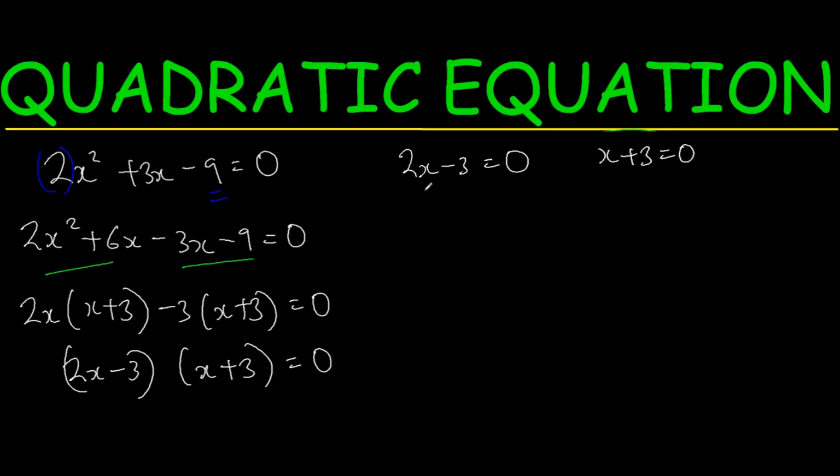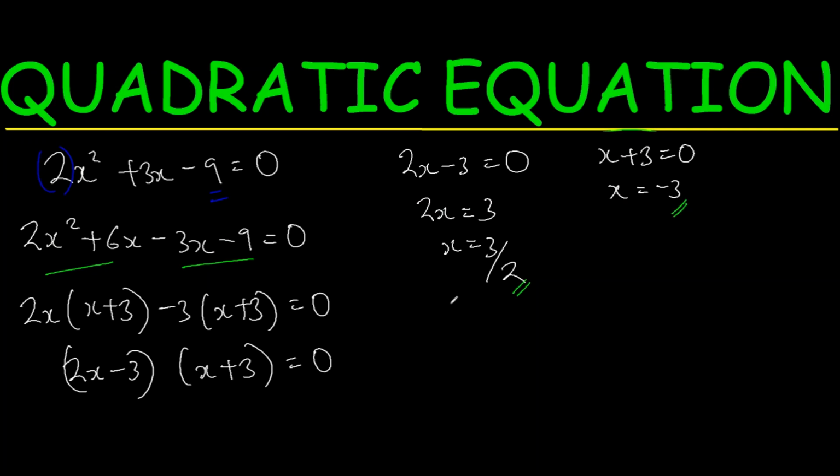So 2x is equal to 3, x is equal to 3 over 2. And from our second equation, we have x is equal to minus 3.